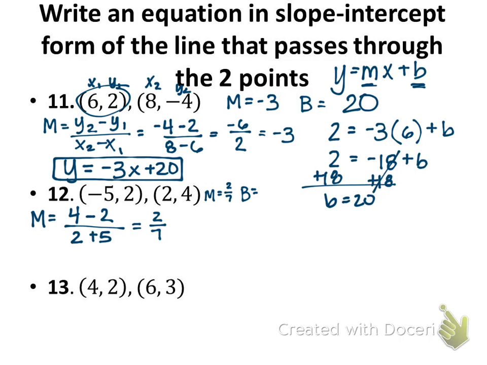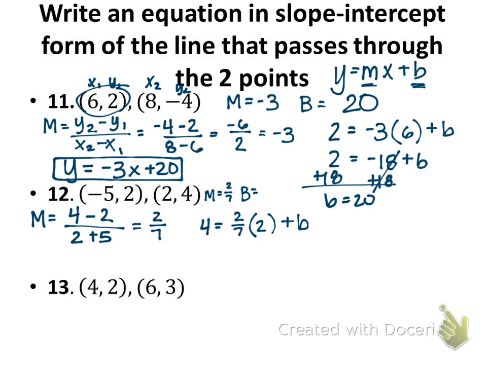Which ordered pair do y'all want to use? The first one or the second one? Second, okay? So we're going to do 4 equals 2 over 7 times 2 plus b. Now, first of all, let me back up. Is it okay to have a fraction as your slope? Yes, absolutely, because what is a slope?